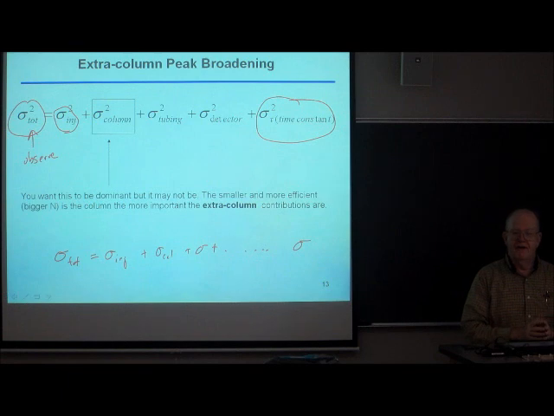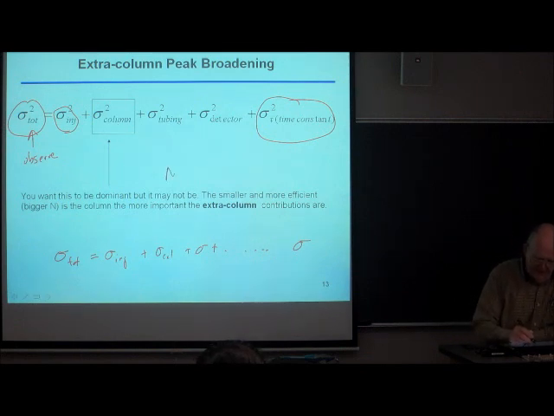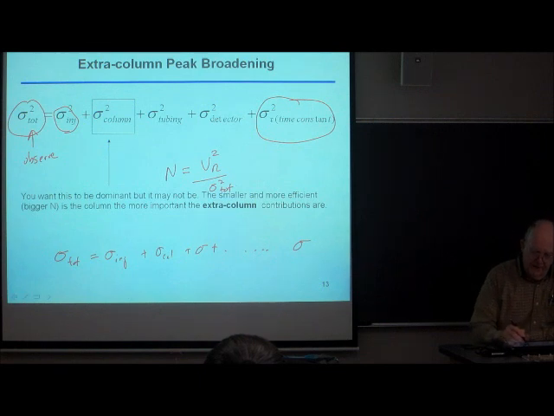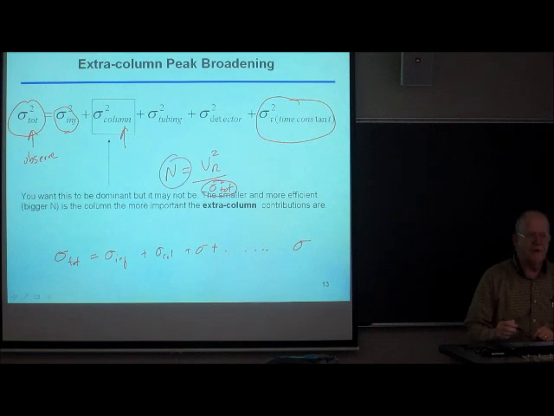Now, you don't want to deliberately make the column big because that means your plate count is going to be reduced, because the plate count is your retention volume squared divided by the square of the total, the variance, the standard deviation squared. So if you made this deliberately big, this is going to be too small.